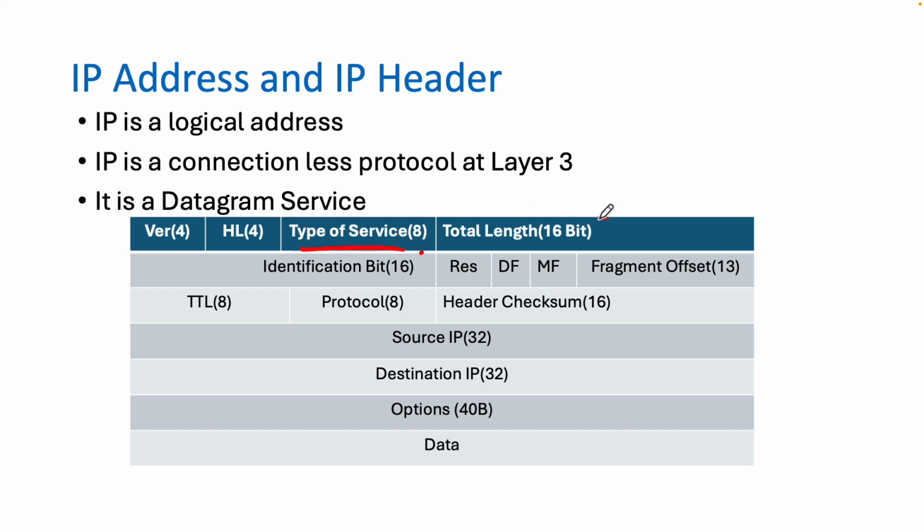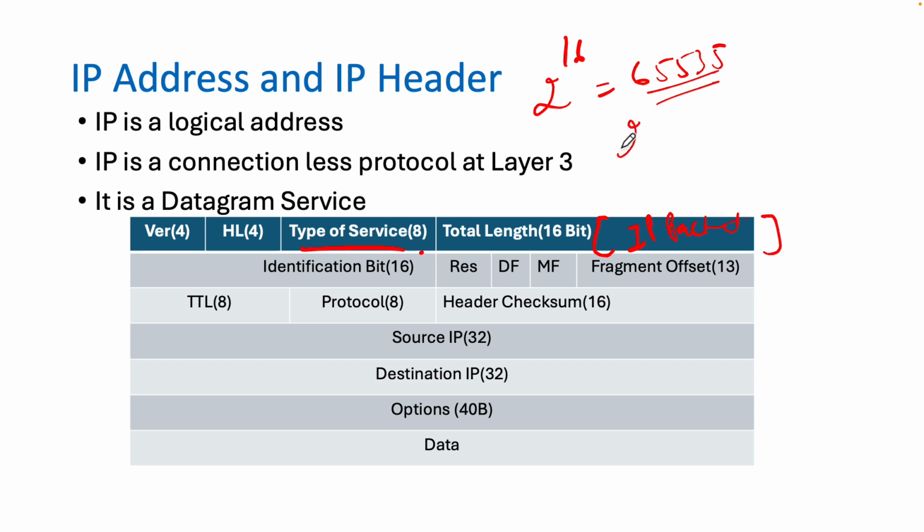And total length is the entire length of the IP packet, including the header. So it is a 16-bit field, 2 raised to power 16 equals 65535. This can be the maximum size of the IP packet, which also includes the header.